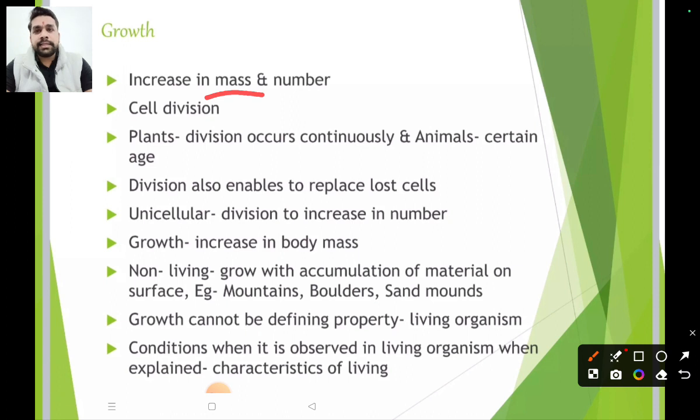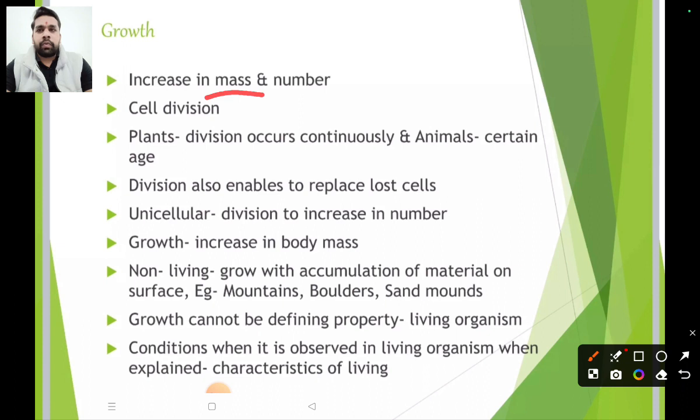And increase in number, like increase in the number of cells, also means growth. If an organism shows an increase in mass or number, it is not necessary that it will show both. If our organism shows an increase in mass, that is considered growth, and if it shows an increase in the number of cells or height or any kind of increase in number, that also means growth.